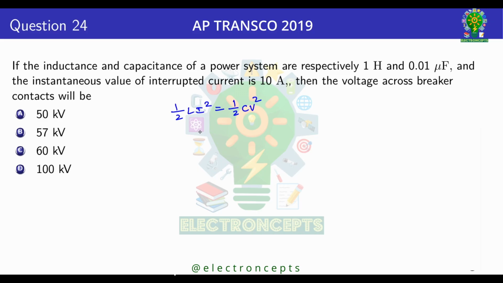By simplifying this equation, we get V is equal to I into root L by C. Now substituting the data given in the question, we get I is 10 amps into root of 1 Henry divided by 0.01 microfarad. Solving this, we get voltage across breaker is equal to 100 kilovolts. Therefore, option D is correct.